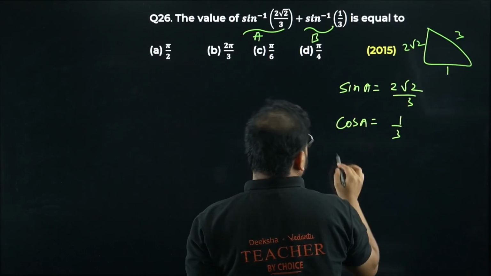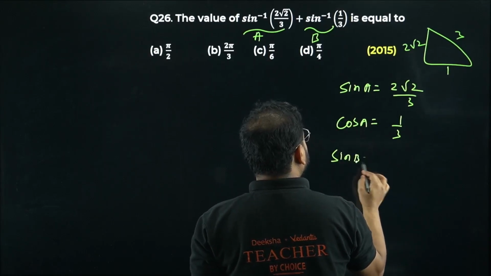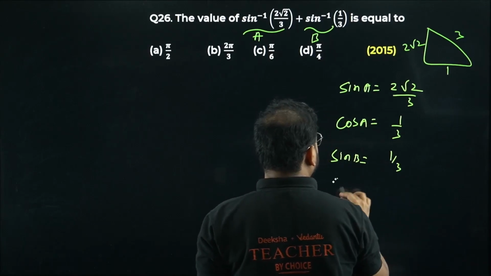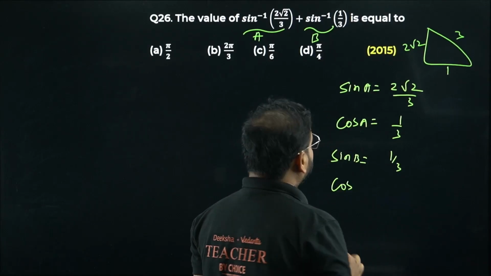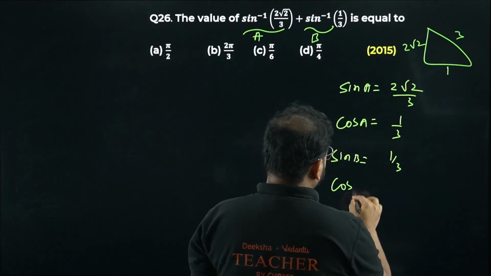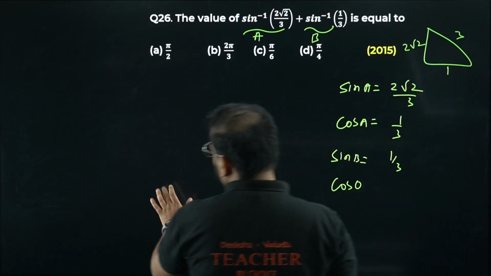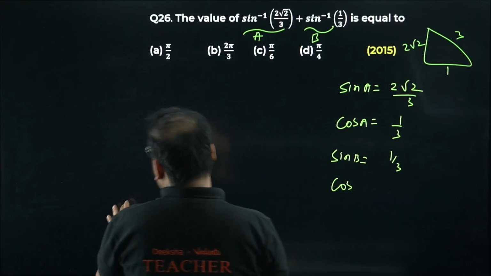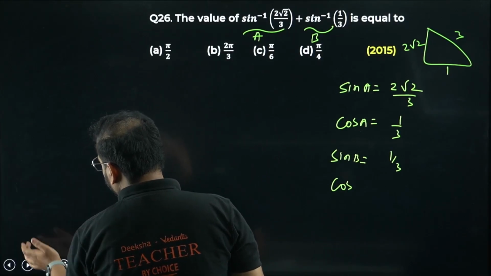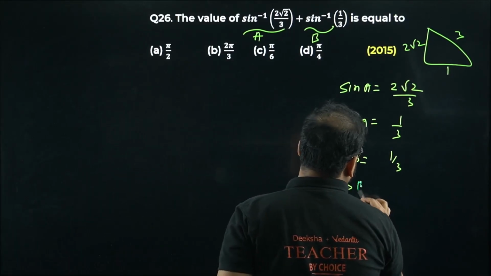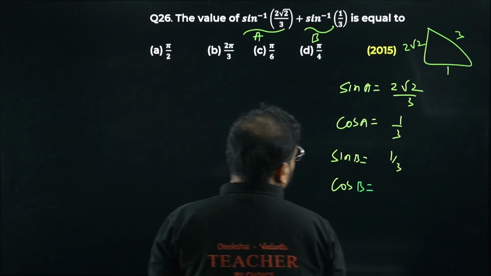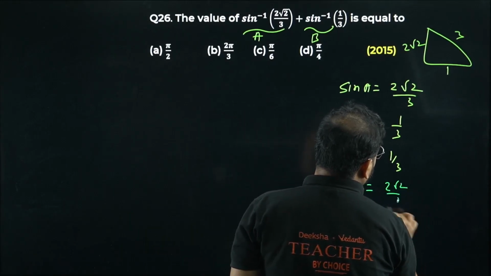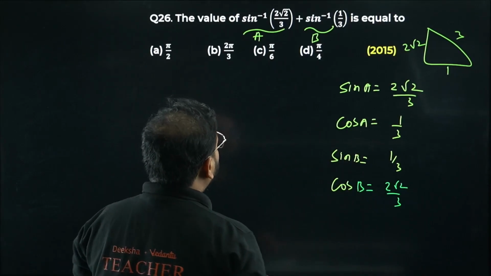Same way from here, sine of B is equal to 1 by 3. It means cos of B will become equal to 2 root 2 by 3. Now we're looking for A plus B, right?